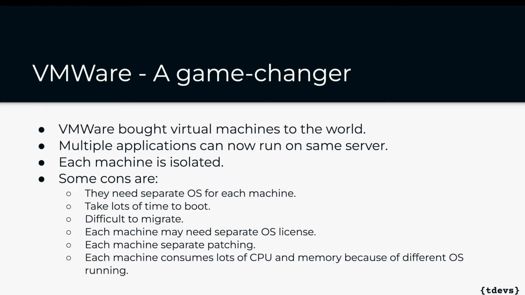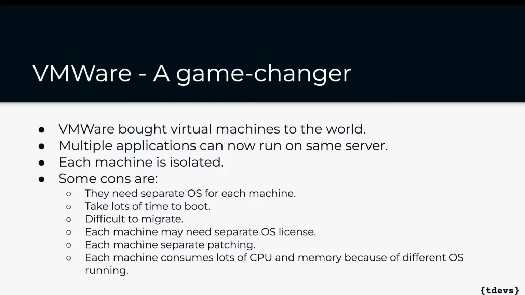So for example, there's a host machine on which, let's say, we have deployed a Linux operating system, and that host machine has, let's say, 32 gigs of RAM and almost 1 terabyte of SSD. Now if we deploy only one application onto the server, a lot of resources are getting wasted. So how does a virtual machine work? On this operating system we can deploy 3 or 4 virtual machines.